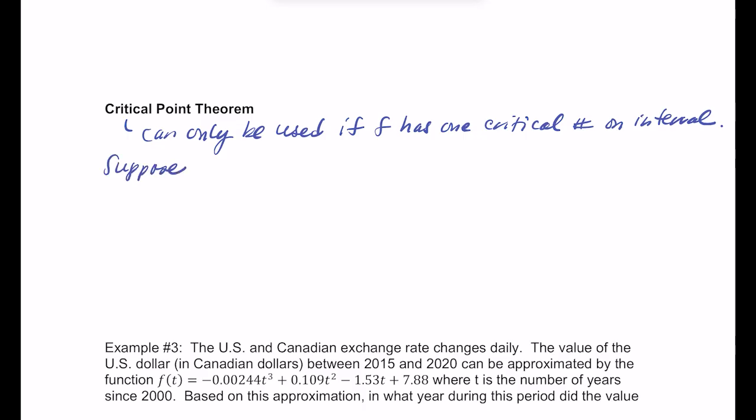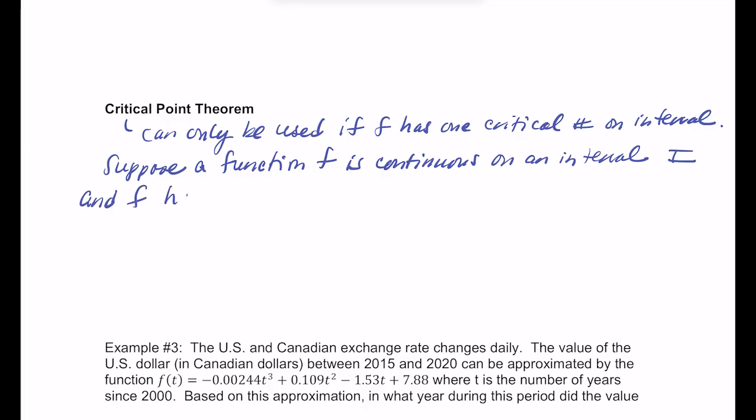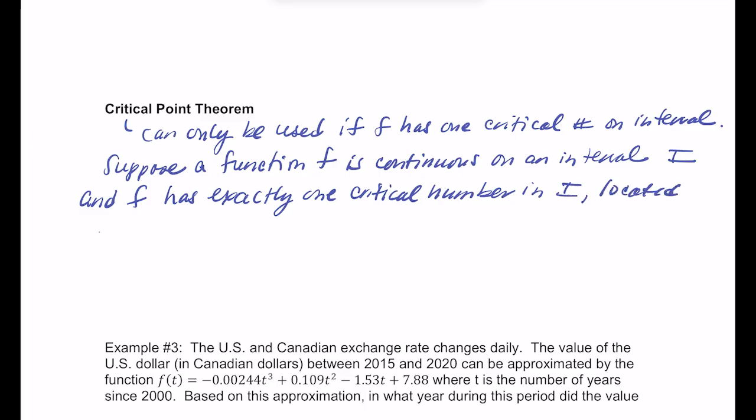Suppose a function f is continuous on an interval, and we'll call that interval I, okay? And that f has exactly one critical number in that interval, located at x equals some constant c.